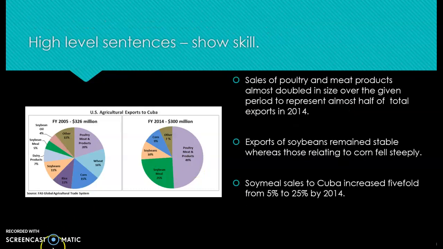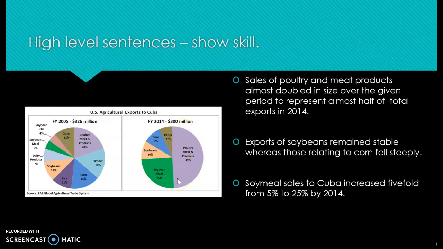So here's some really nice sentences which you could use. These are high-level sentences to give you an example here. So sales of poultry and meat products almost doubled in size over the given period to represent almost half of total exports in 2014. So I'm saying the change, and then I'm saying, what is it now?